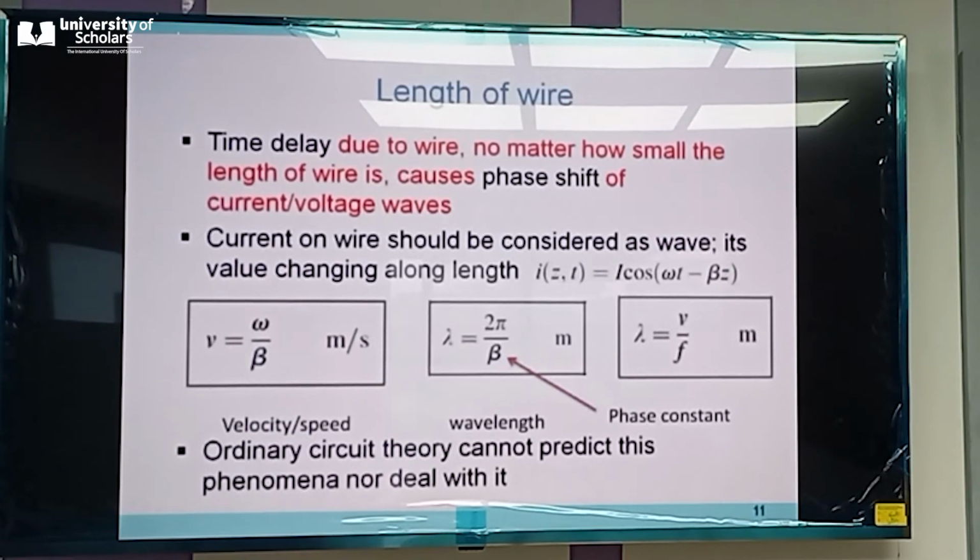So this phenomenon of time delay, and thinking of current as a wave, is not predicted by ordinary circuit theory, and it cannot deal with such phase delay effects without explicitly involving the phase delay.